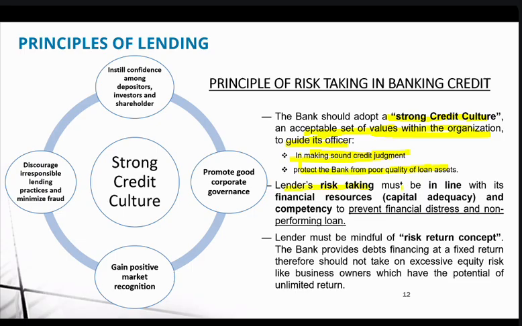The lender's risk-taking must be in line with financial resources, which is capital adequacy and competency, to prevent financial distress and non-performing loans. And the lender must be mindful of what they call the risk-return concept. What they're saying here is that they provide financing at a fixed return. We're not taking excessive equity risks, like business owners, who have the potential for unlimited return.